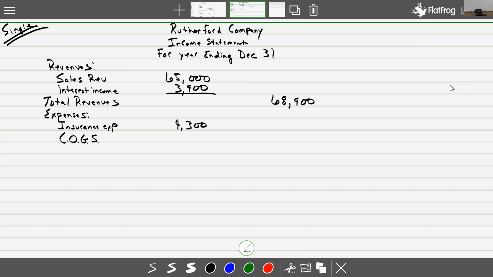I'm gonna abbreviate that, just get used to it. I'm not even gonna put periods in there from now on, but it's cost of goods sold, or COGS. 28,800. Salaries expense, 22,500.